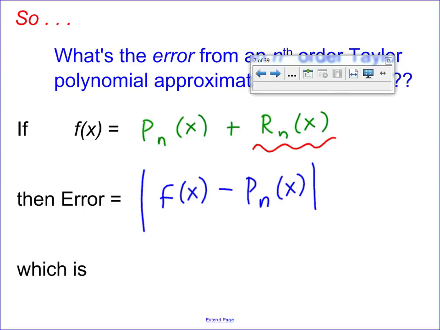And so if I subtracted p sub n of x and took its absolute value, that would give me the magnitude of my remainder function.